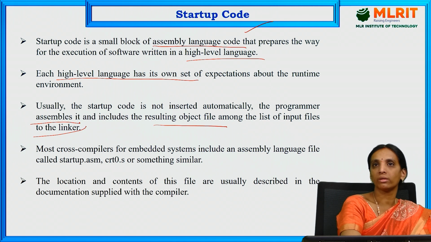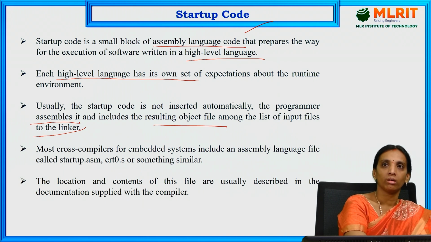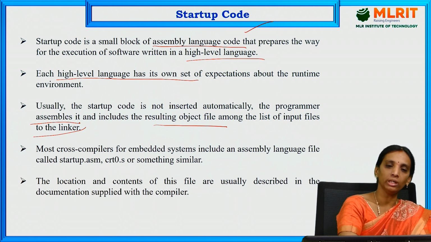So startup code is nothing but the small blocks which are used for execution of the main software, or the libraries which are used for that particular application only. Those are all linked to the startup code.